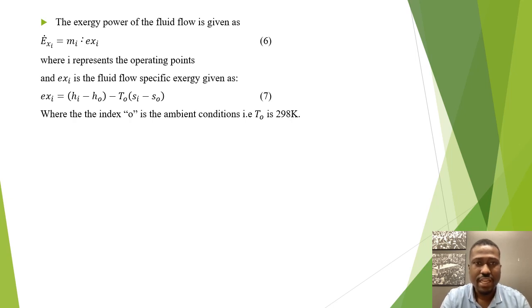The h and the s are gotten from the steam tables, and the h_o and s_o are gotten by using the ambient conditions, where ambient condition refers to the standard temperature of 298 Kelvin and pressure, which is 10 raised to the power 5 pascals.